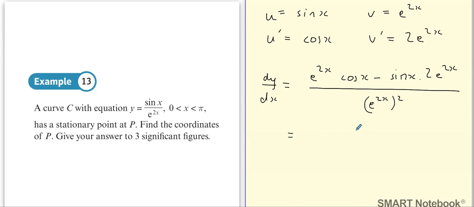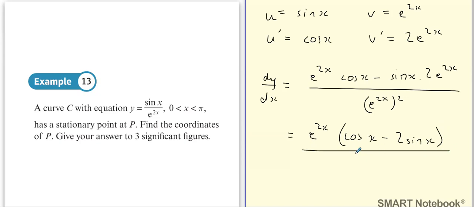And if I just write this in a nicer format, and maybe factorize e to the 2x out, e to the 2x times by cos x minus 2 sine x, and let me write that a bit neatly. I've got 2 sine x all over e to the 4x.